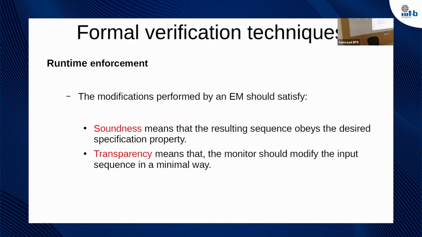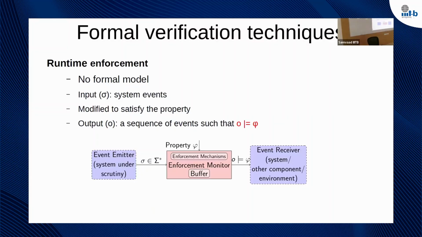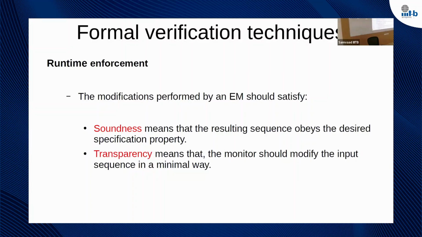For example, suppose the traces were coming and not satisfying the property, then the enforcement monitor can also edit those traces such that they now satisfy the property, so that we can relay them to the other system. So it also corrects the executions of the system.